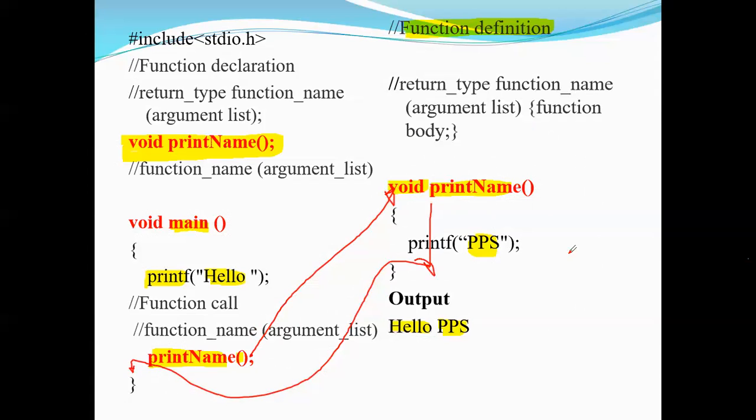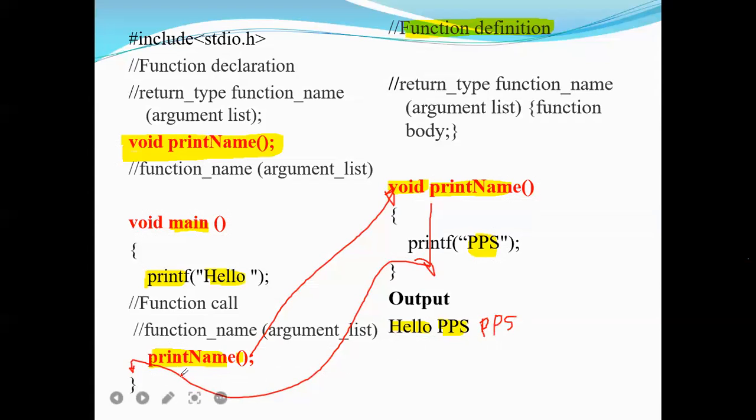It is a simple subprogram, and this subprogram can be executed any number of times. If you use print name, open bracket and close bracket once more, it calls this and executes it once again. We can use it as many times as needed.